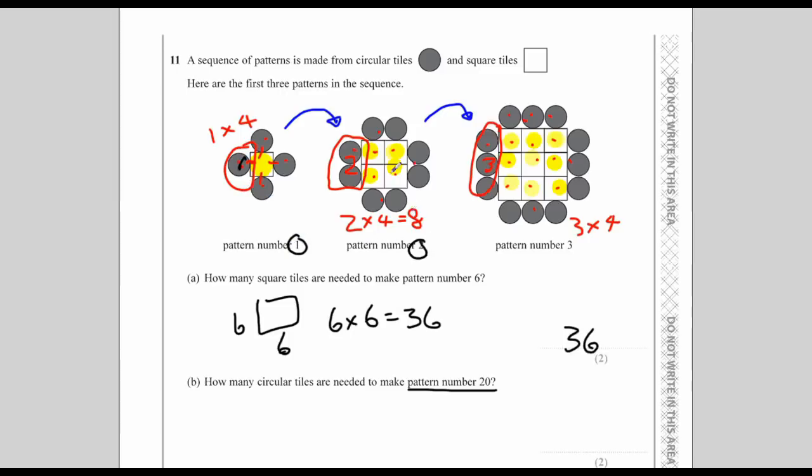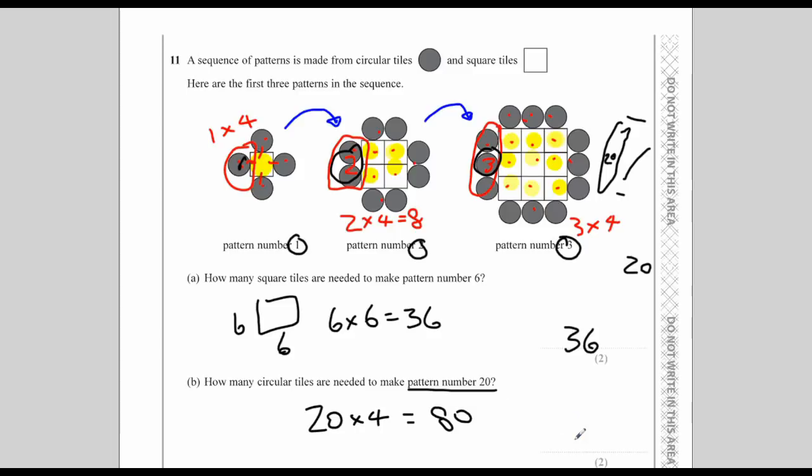Pattern 2, there's 2 on each. Pattern 3, 3 on each. Pattern 20, there's going to be 20 on each, and there's still going to be 4 of them. Okay, so we're going to do 20 times 4. 2 times 4 is 8, and you've got your 0. 80.